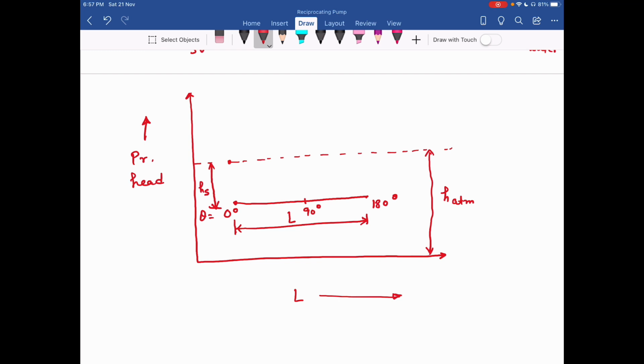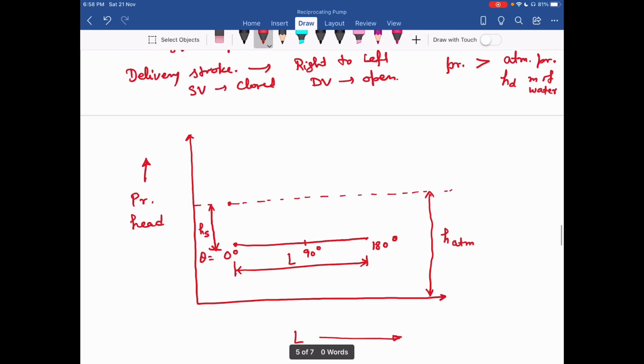Now the piston applies pressure on the liquid inside the cylinder, so at that time the pressure is more than atmospheric. So the pressure becomes HD, and remains constant throughout.